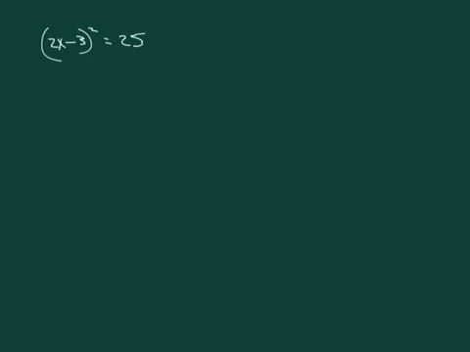Alright, so example 7. What are we going to do? Square root both sides. So 2x minus 3 equals, don't forget the plus or minus. Okay, square root of 25 is 5. All right. So let's go ahead and solve for x.